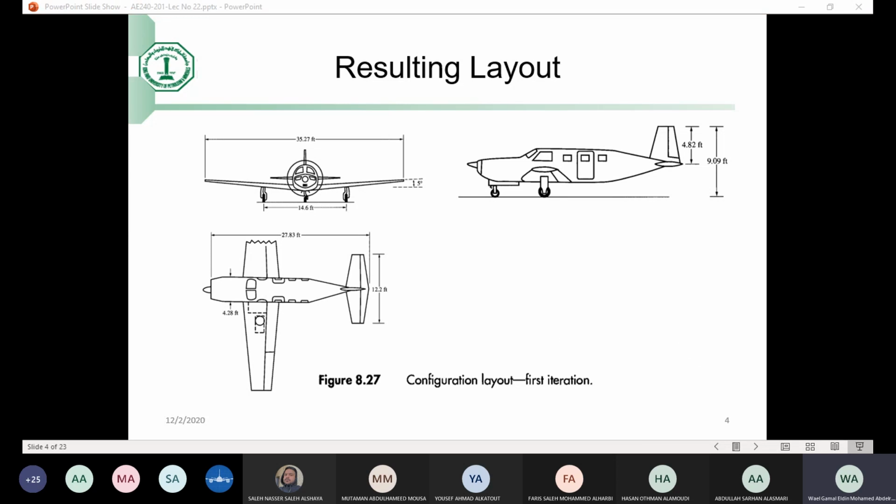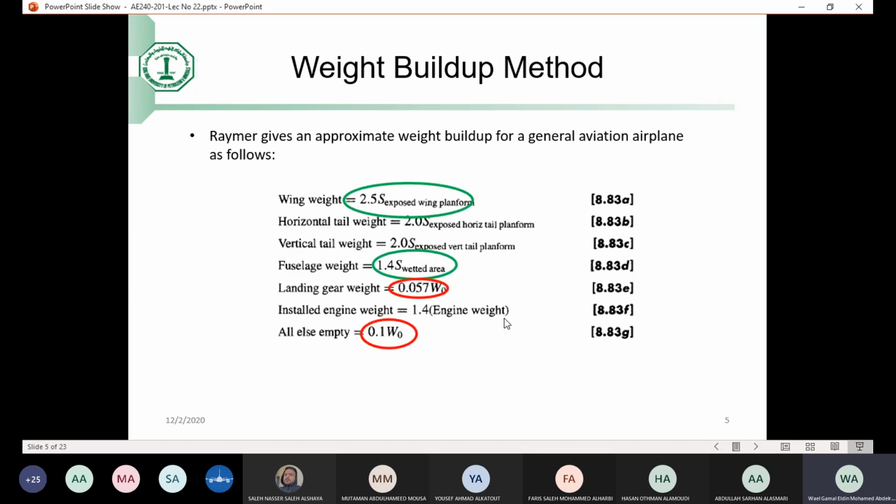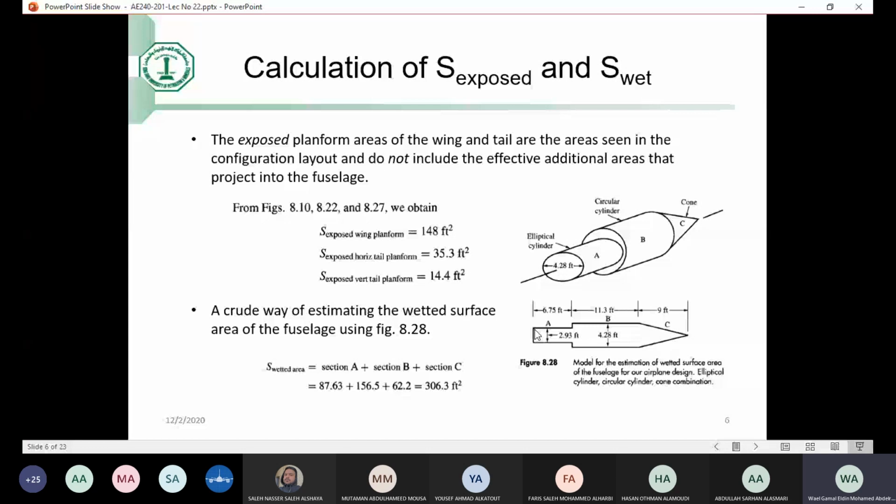For example, you might want to divide the fuselage into a cylinder, maybe a smaller cylinder, and a cone. And if I calculate their external surface areas, that would be a reasonable estimate. So basically, that's the way we are going to do it for the wetted surface area of the fuselage.